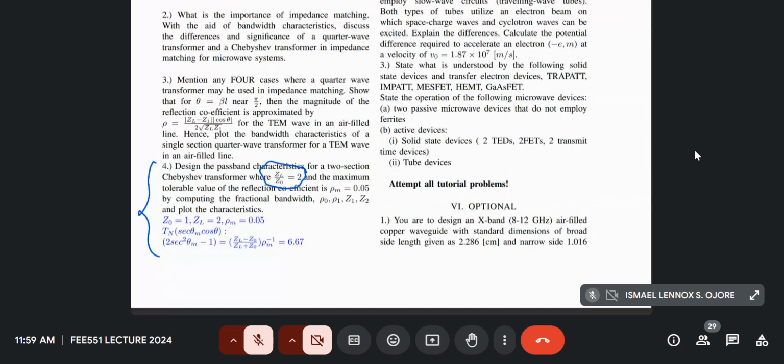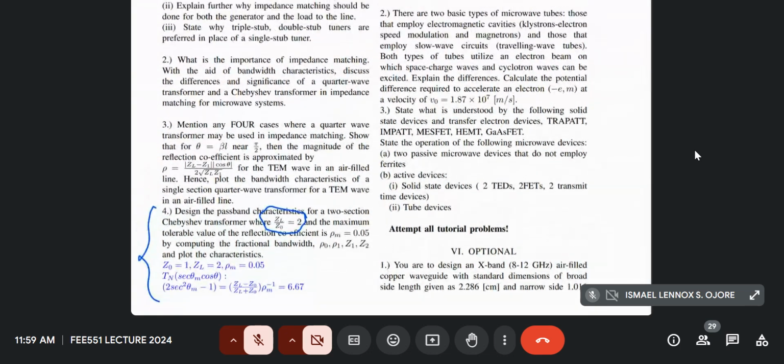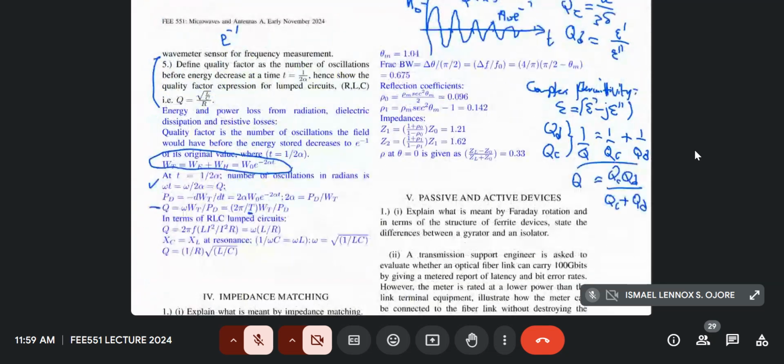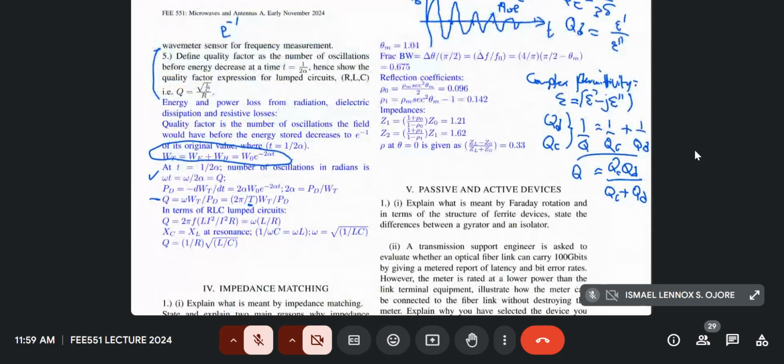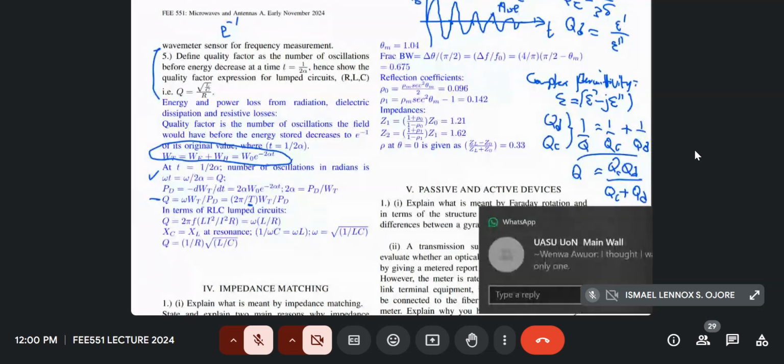So the formulae are given, as you can see, and they are very simple. You can compute theta m, you can compute z1, rho 0, rho 1, z1, z2. You can calculate rho at theta equal to 0, or omega t equal to 0. So just be keen on that one.